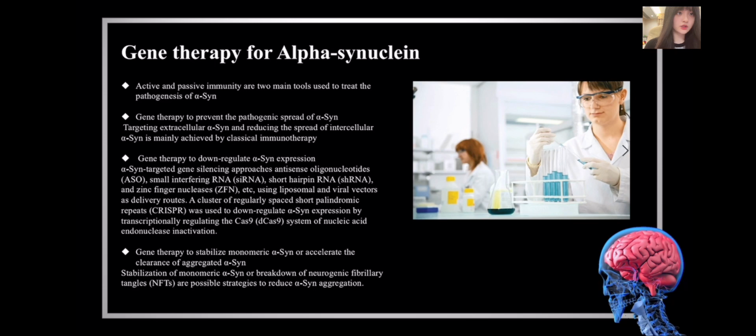However, downregulation of soluble alpha-synuclein expression should first consider the minimum threshold at which alpha-synuclein can perform its normal physiological function, below which it can have potential toxic effects. For gene therapy to stabilize monomeric alpha-synuclein or accelerate the clearance of aggregated alpha-synuclein, the stabilization of monomeric alpha-synuclein or breakdown of NFTs are possible strategies to reduce alpha-synuclein aggregation.